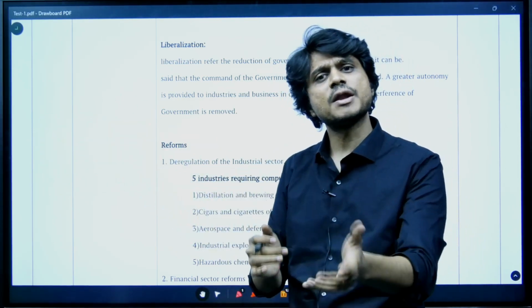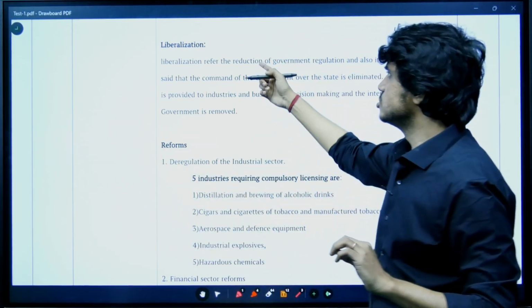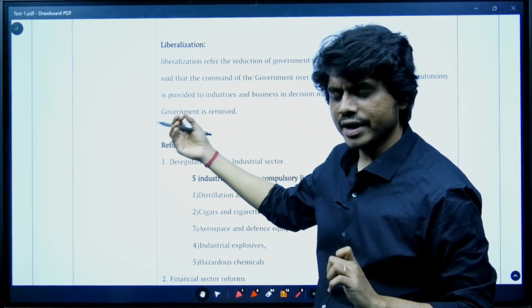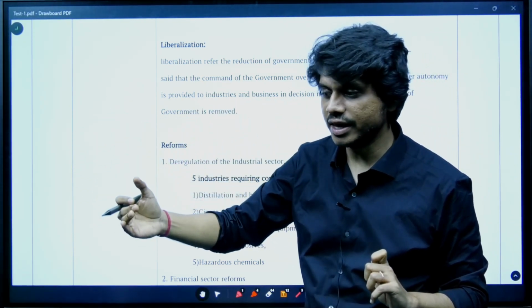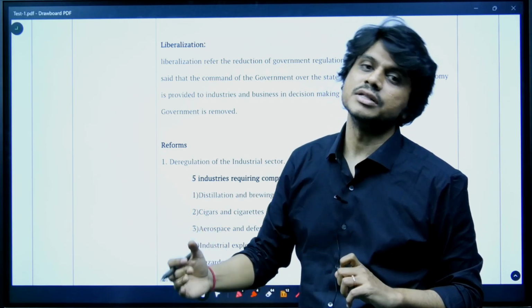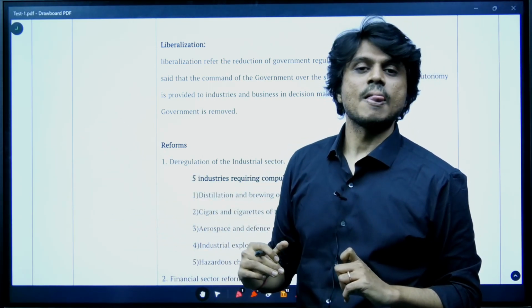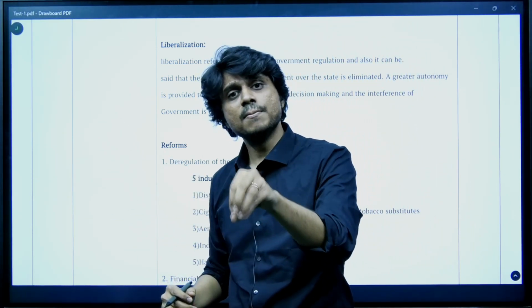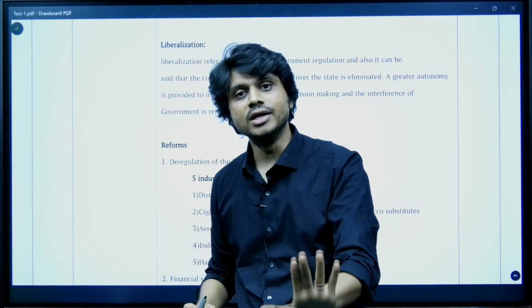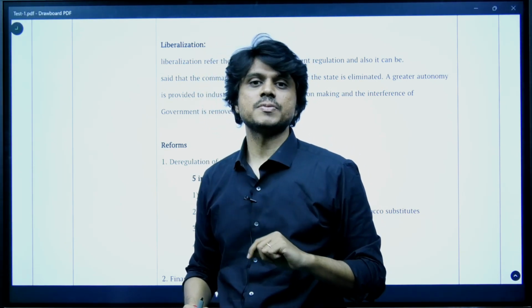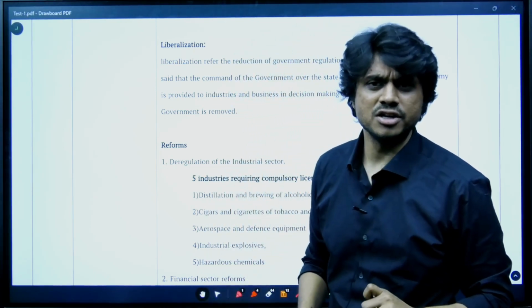Only in limited areas could private participation happen. So there was a kind of license Raj era. Even in the areas where the private sector could participate, they had to take licenses. And certain industries were completely reserved for the government only, like atomic energy, for example.